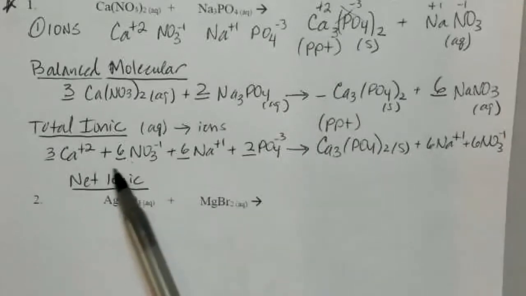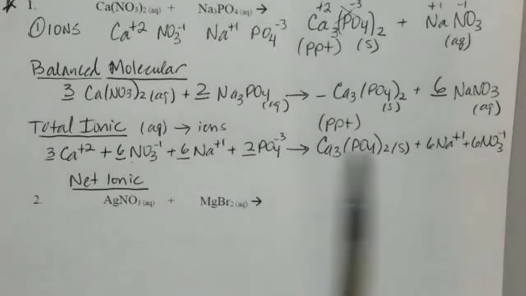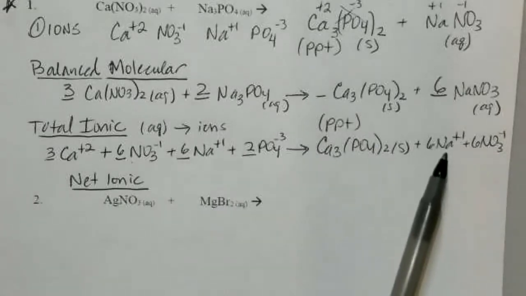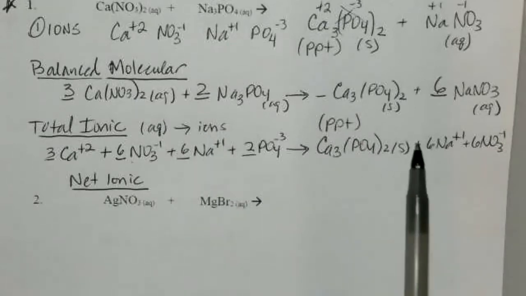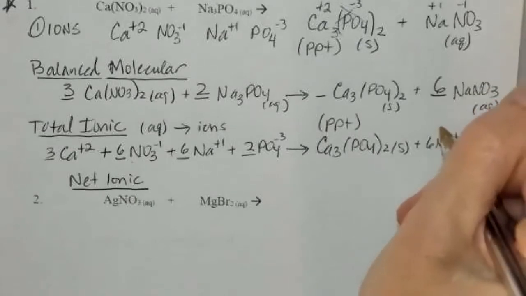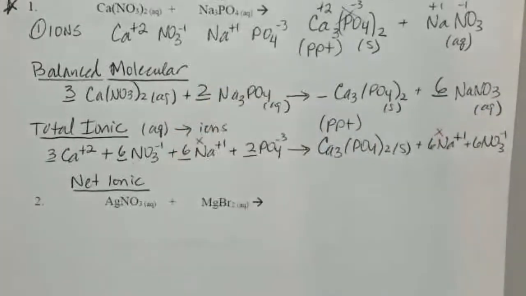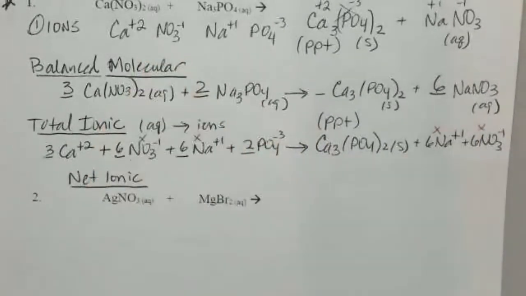And so I kind of always looked at total ionic like a math formula. And if you have like terms on both sides, they're going to cancel out, right? We come into this reaction with 6 sodium ions. When we're done, we still have 6 sodium ions. That says to me, we didn't use any sodium ions, right? So we're going to cancel those out. And the nitrate also didn't get used. So those are called spectator ions.